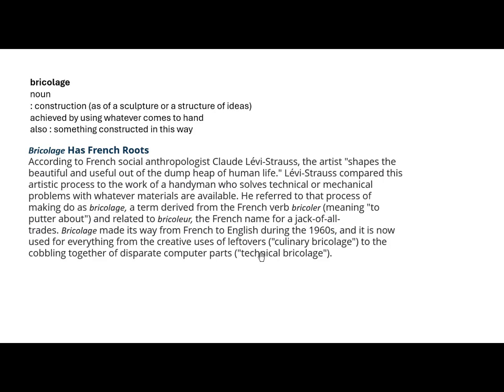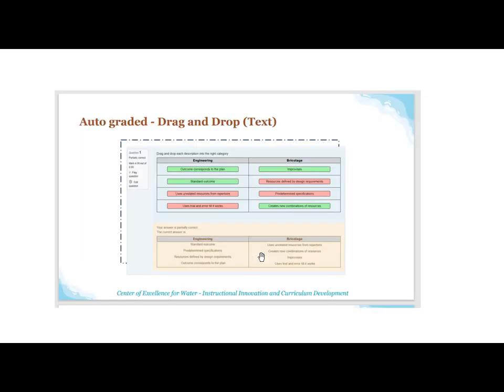Also something constructed this way. The rest of the slide shows the origin of the word in French language. It is important to tell students about the origin of words because this deepens their knowledge about the terms they are using. Here is the auto-graded drag drop of the previous example.